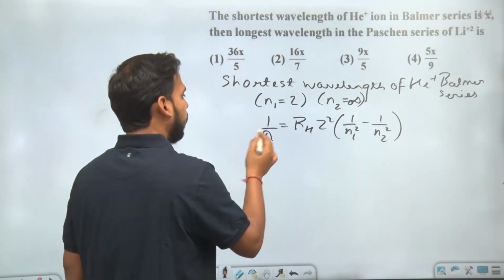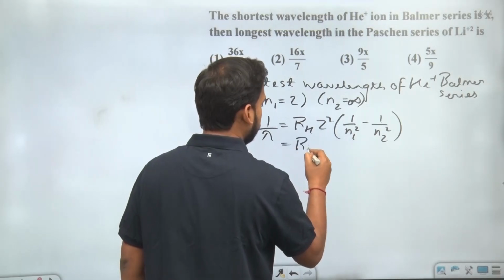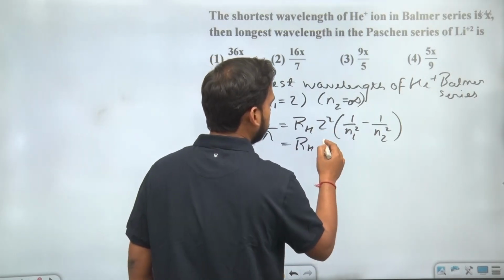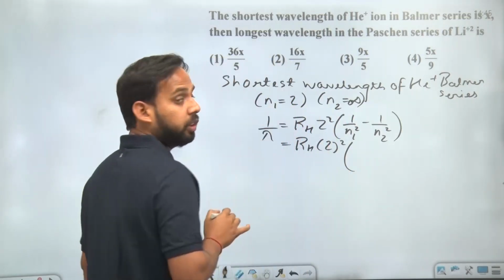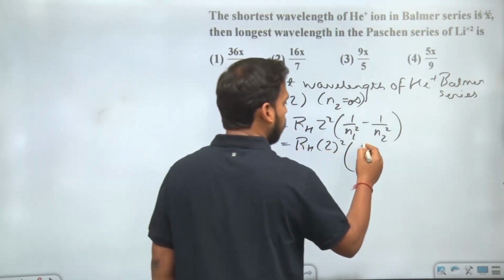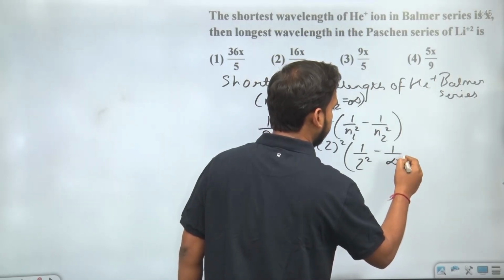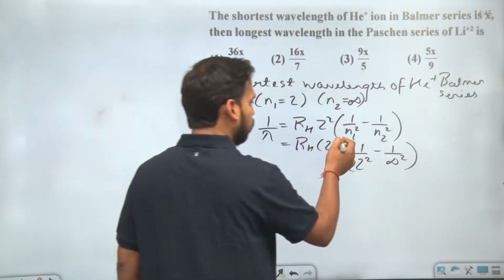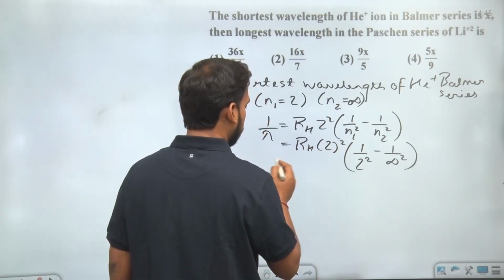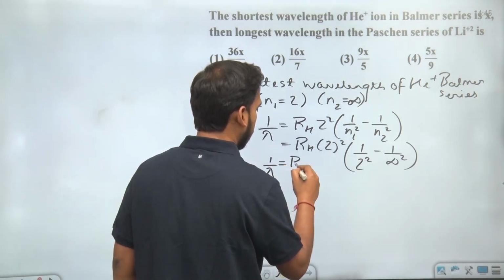For helium plus, it will be RH times 2 square times 1 upon 2 square minus 1 upon infinity square. So the 2 square and 2 square get cancelled out, and 1 upon lambda will be equal to RH.